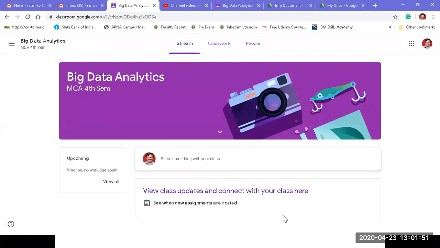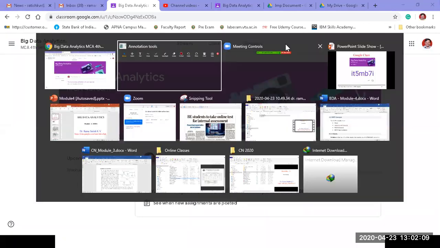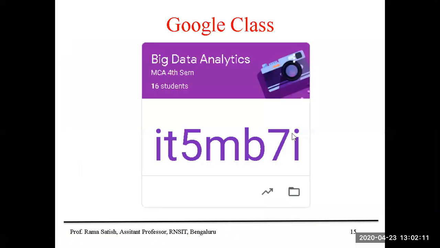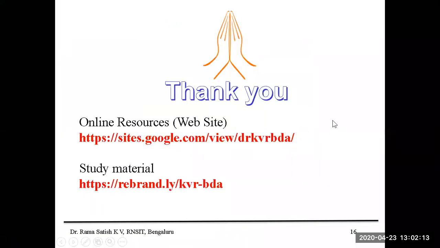And maybe on Saturday I may give one trial test run on this Google Classroom platform. Once you join, you will easily understand this. That's all for today's class. The entire class recording will be available on this website, as well as the study materials.